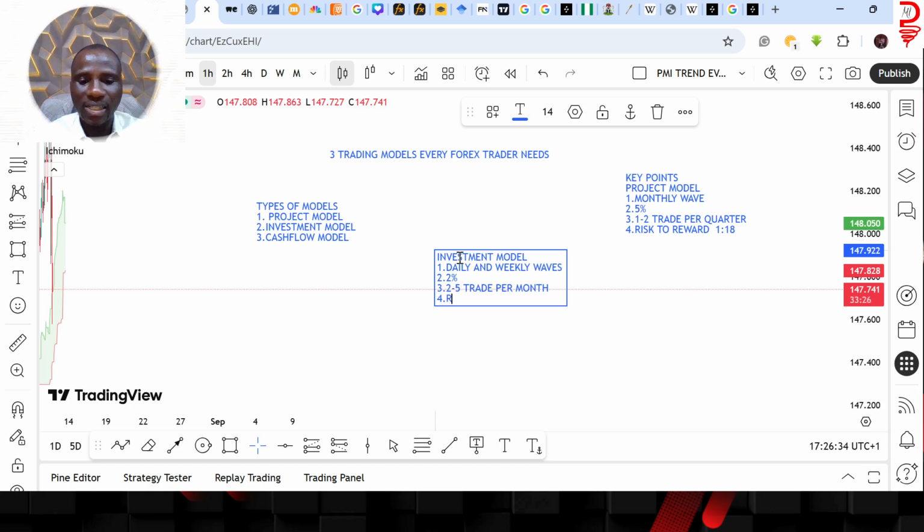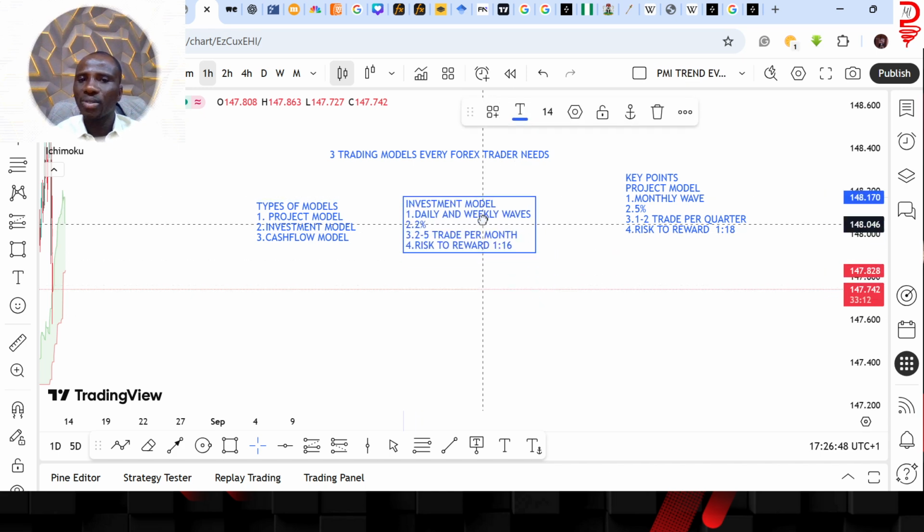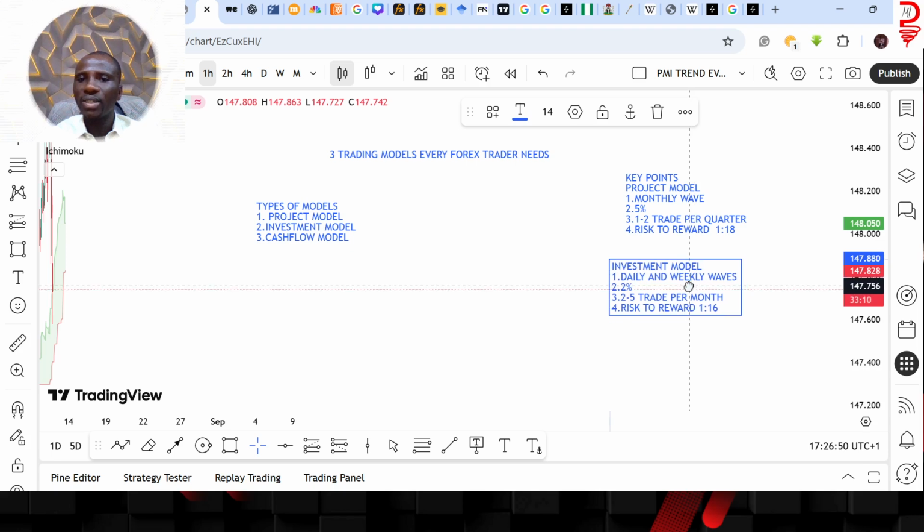And of course, the risk to reward for this investment account is a ratio of 1 to 6. This is the second model that we trade.